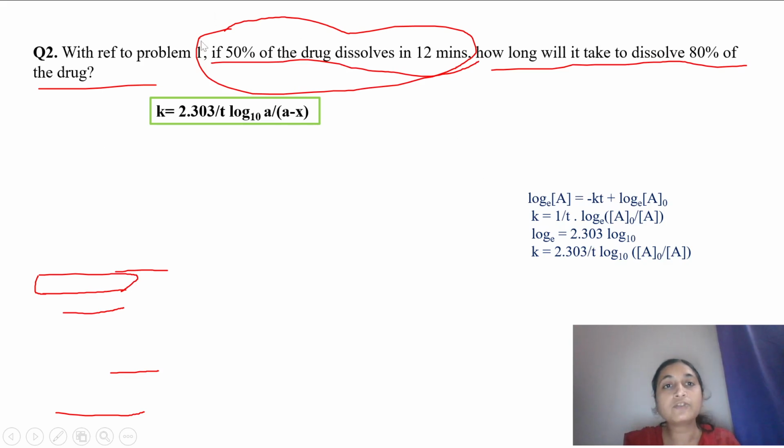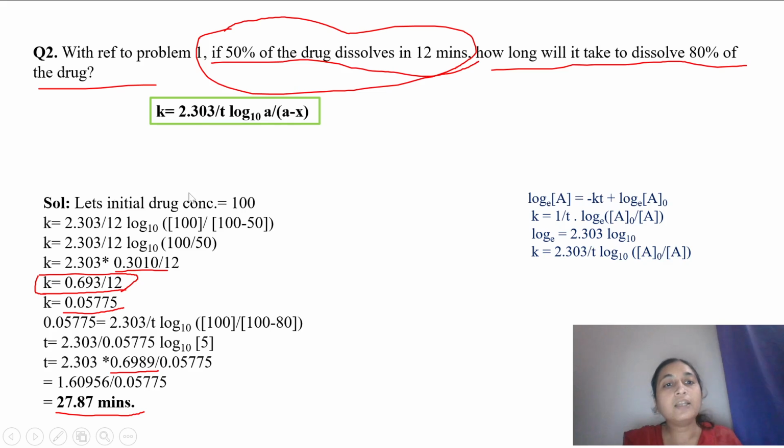So first we will take the first part of the question, like if 50% drug dissolved in 12 minutes, what will be the rate of reaction K? And then we will go for the second part of the question, like how long it will take to dissolve 80% of the drug.